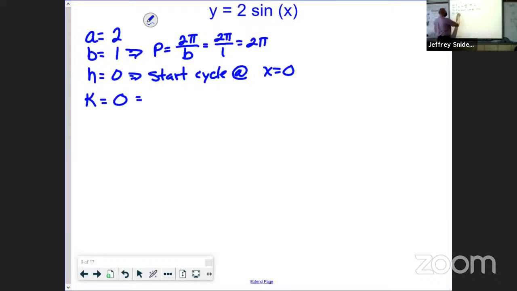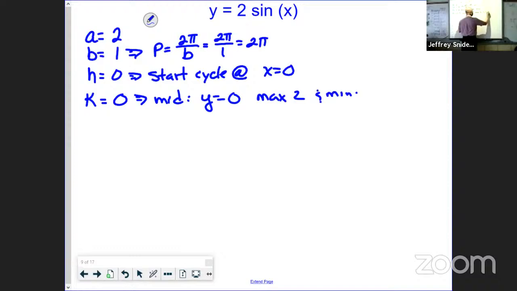Yep. This is telling me the midline is at y equals 0. If that's true, and the amplitude is 2, it means I'm going to have a max of 2 and a minimum of -2. These are things I would be thinking in my head as I'm graphing these. I'm writing them down now. It doesn't mean you're always going to have to write them down, but right now we're just writing them down. These are the things I know about this graph right here.